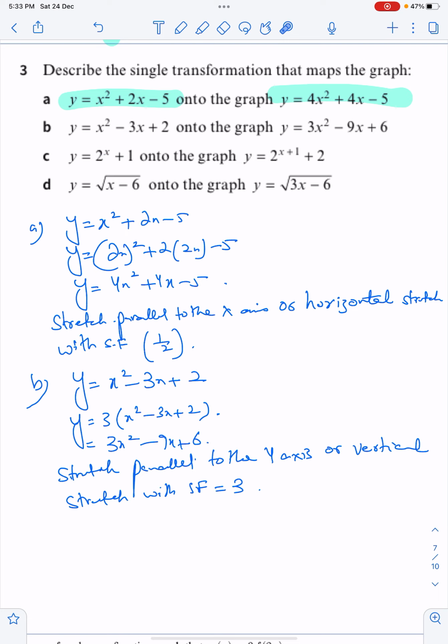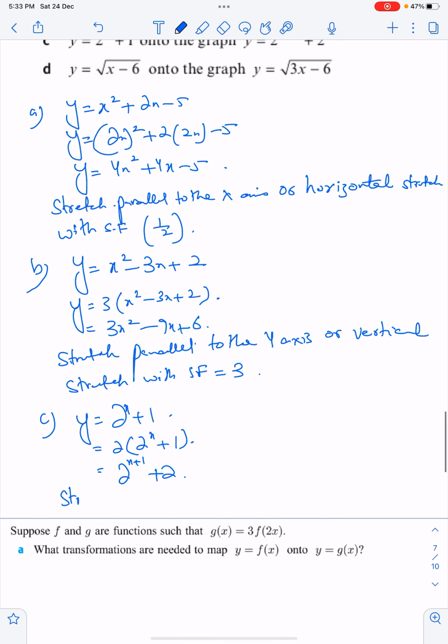Okay, the C part, if you notice, they have multiplied the whole of this equation by 2. So when you multiply this by 2, x plus 1 will come here and 2, that means the whole equation is multiplied by 2. So in the C part, I can show it to you, 2 to the power x plus 1, when you multiply it by 2, this will become 2 to the power x plus 1 plus 2. So you will say it's a stretch, a vertical stretch or parallel to the y-axis.